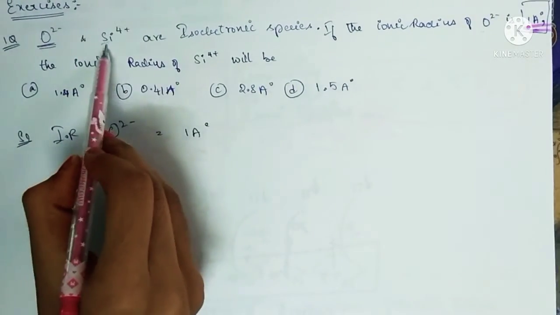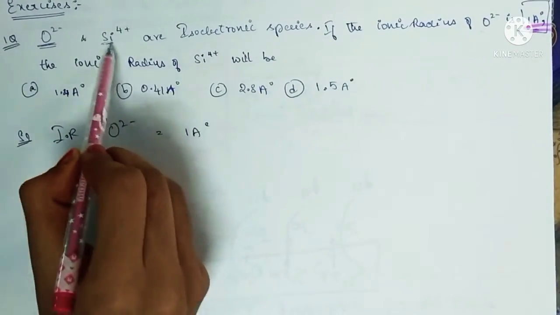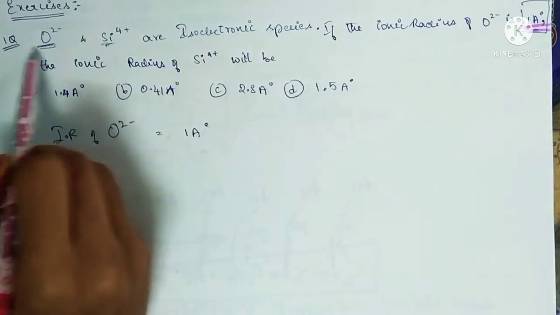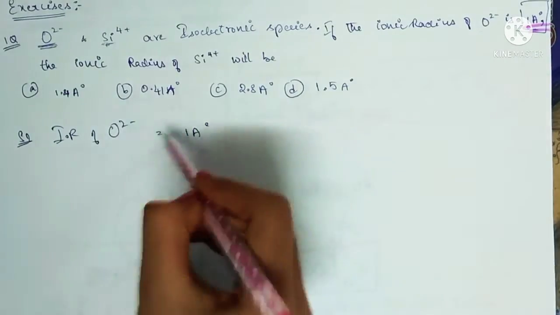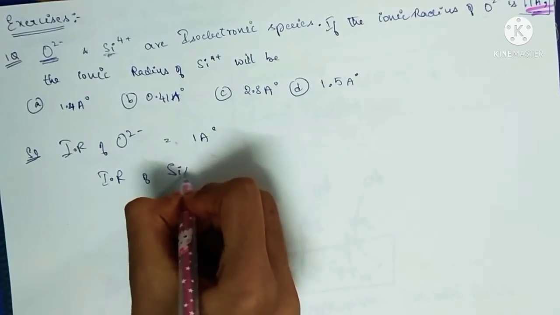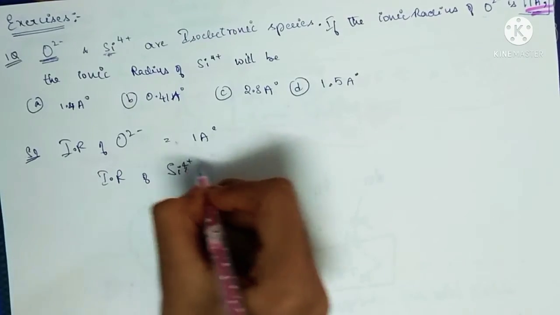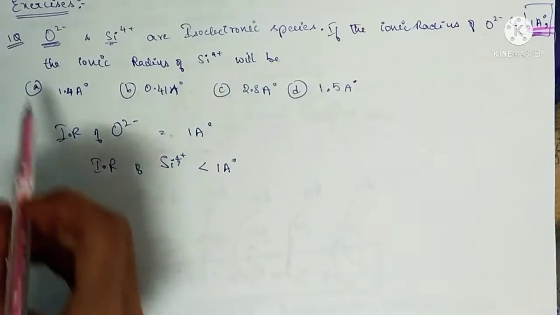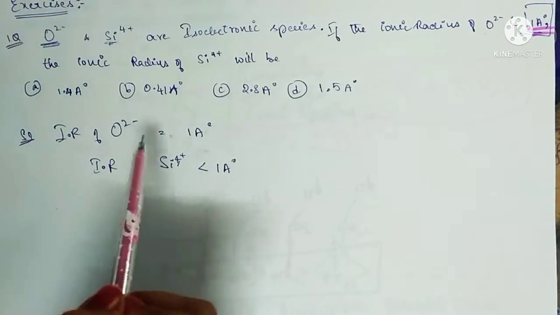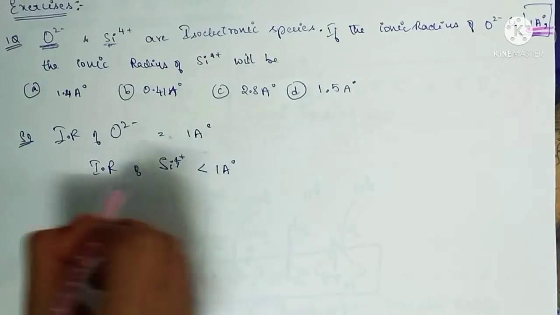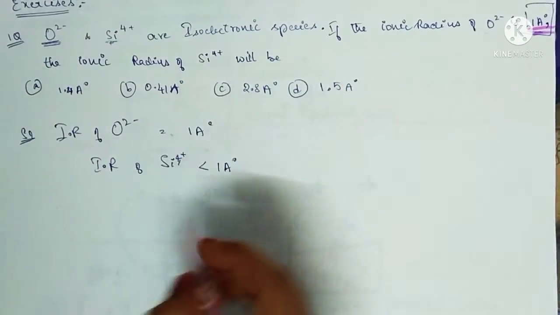As Si4 plus is a cation, its ionic radius should be less than that of O2 minus, that is 1 angstrom. The ionic radius of Si4 plus is always less than 1 angstrom because the size of the cation is always less than the size of the anion.